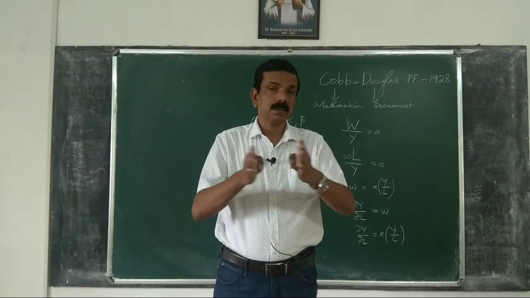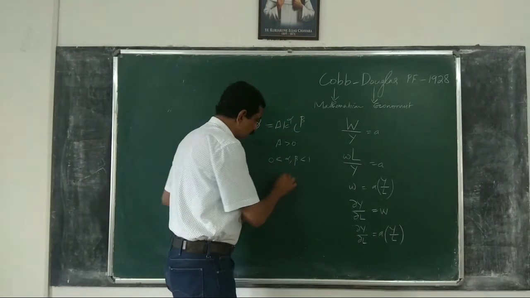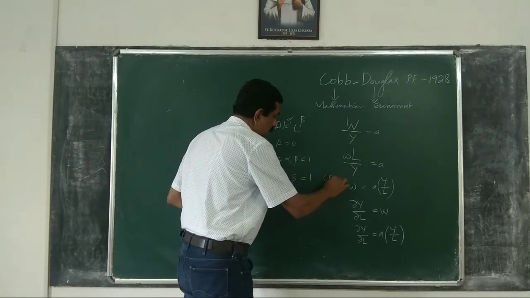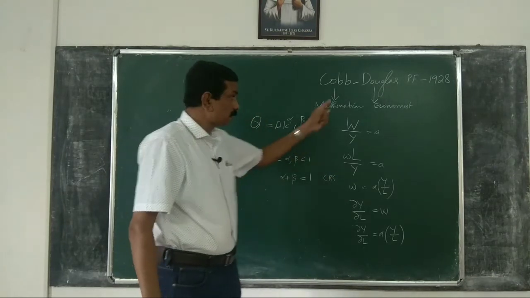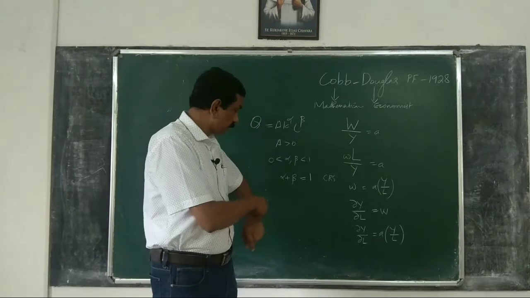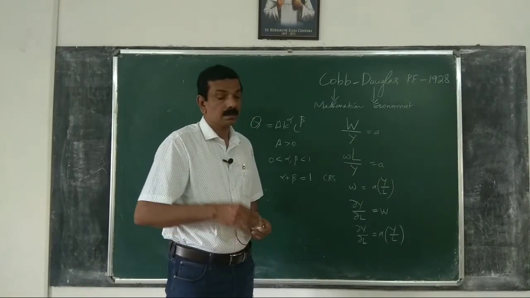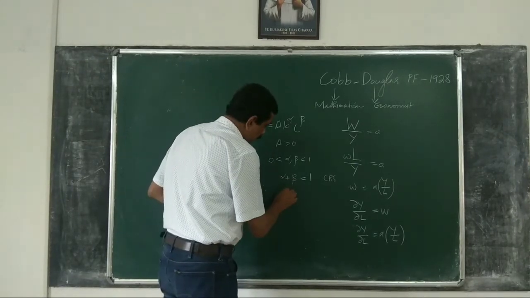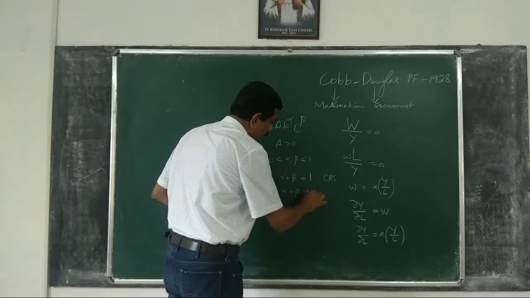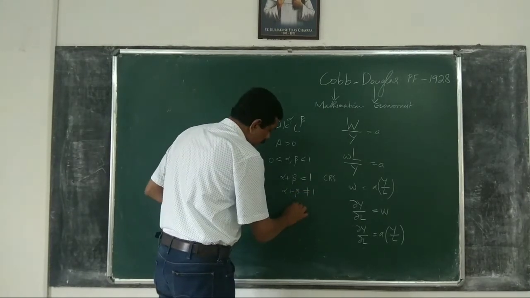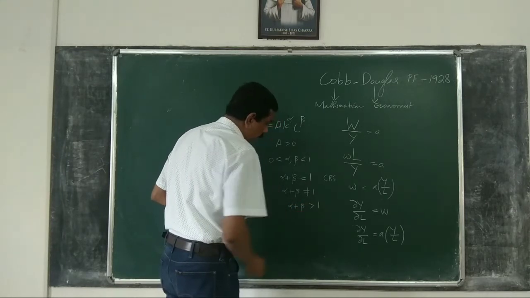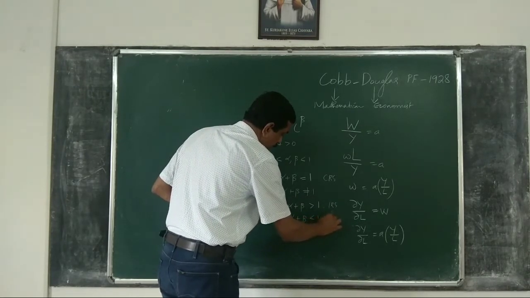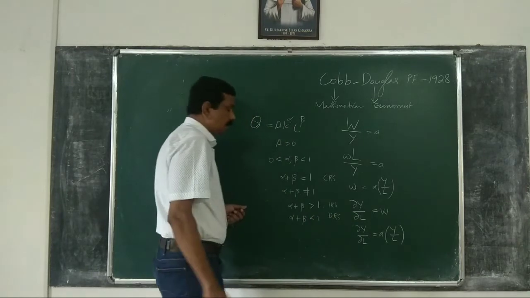Now, a strict Cobb Douglas production function in which alpha plus beta is equal to 1 exhibits constant returns to scale. A generalized Cobb Douglas production function in which alpha plus beta not equal to 1 exhibits increasing returns to scale if alpha plus beta is greater than 1 and diminishing returns to scale if alpha plus beta is less than 1.